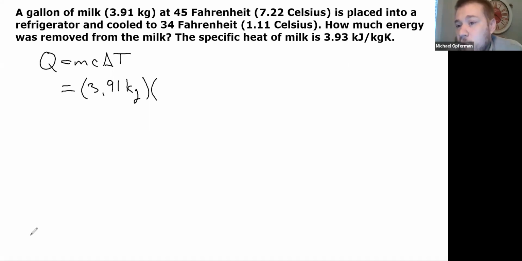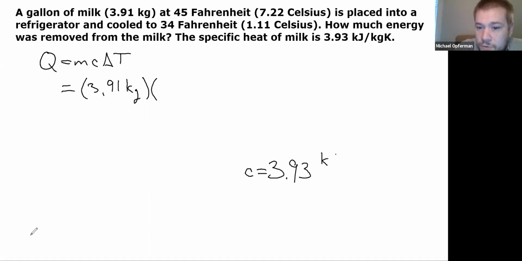Now, I should probably say a few words about the units of specific heat. Let me just do it off to the side here. So we have here the specific heat is 3.93 kilojoules divided by kilograms times Kelvin.